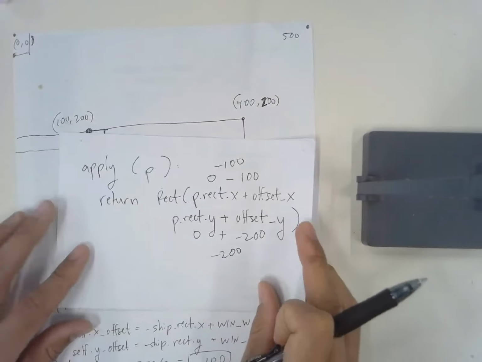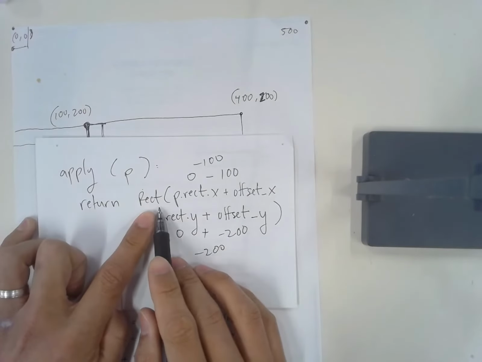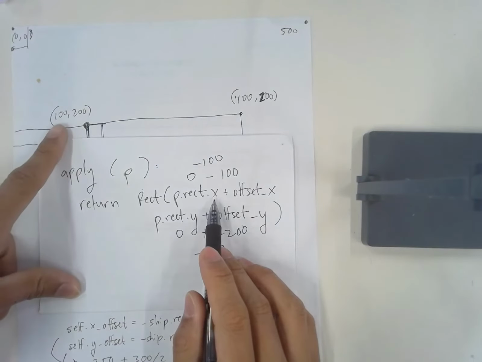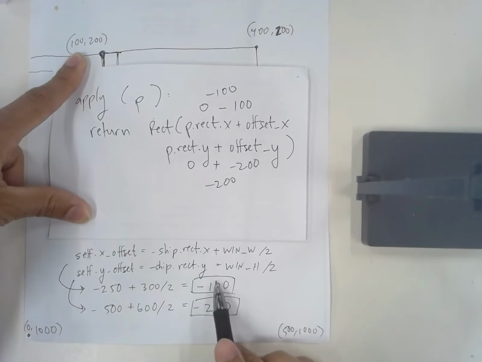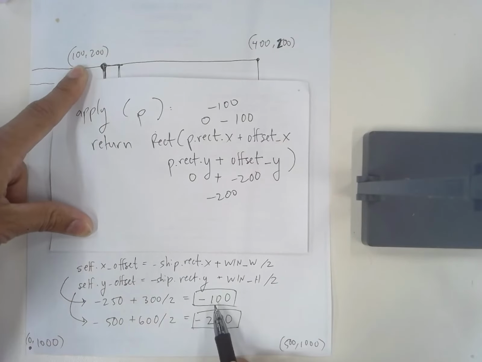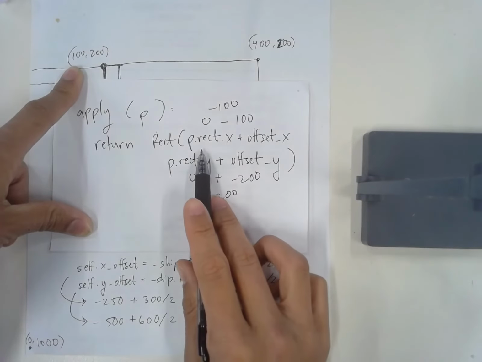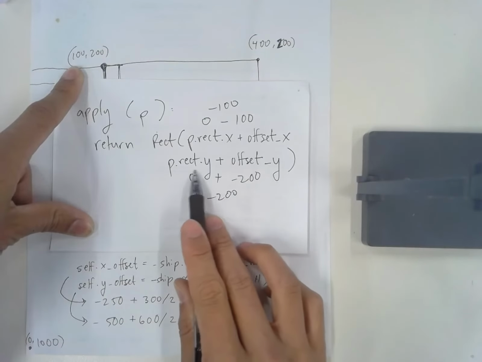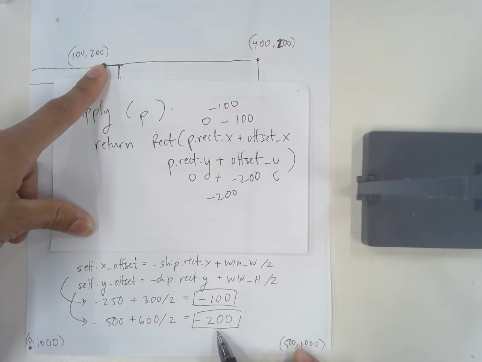We come over here to apply, and the returned rect is the rect's x position, which is 100, plus the x offset. And if we remember, our x offset is -100. So that calculation turns into 0. Right? The x position of this rect that's being returned is 0. The y position is 200 minus the y offset, which is -200.